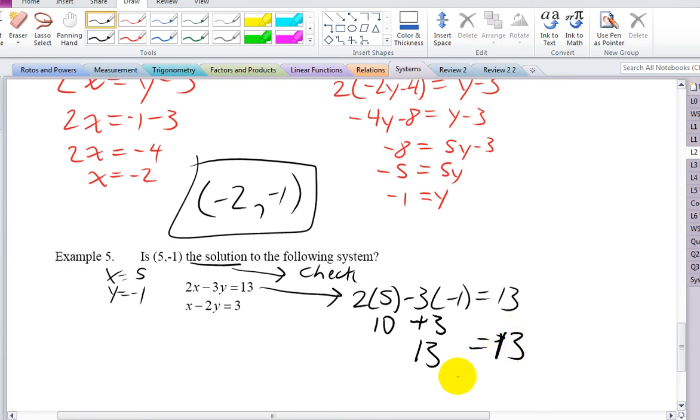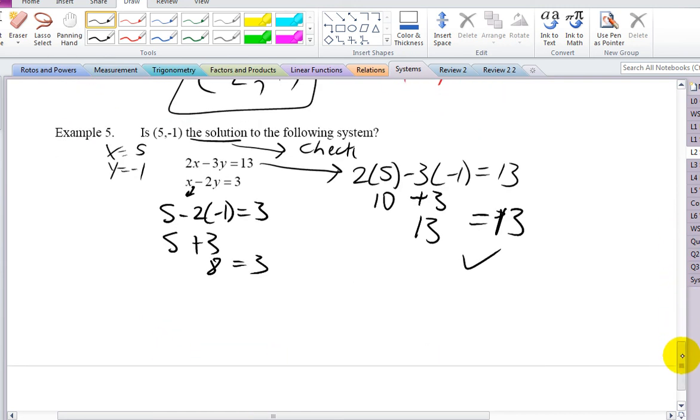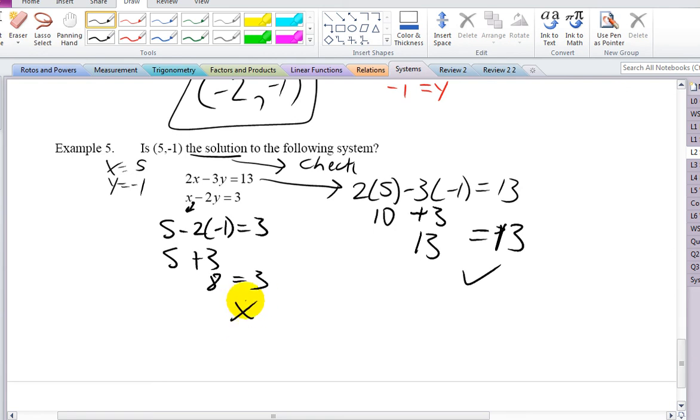So for this line, yep, that works. But does it work for the other line? 5 minus 2 times -1 equals 3. 5 plus 3, 8 equals 3? What? No. The point is not the solution.